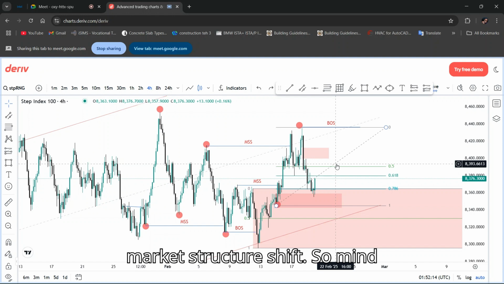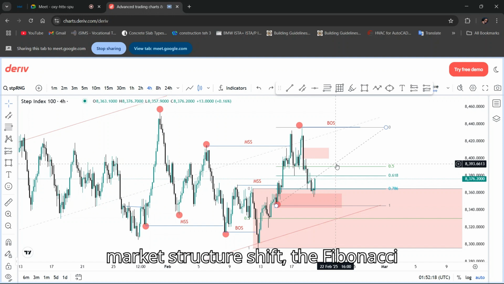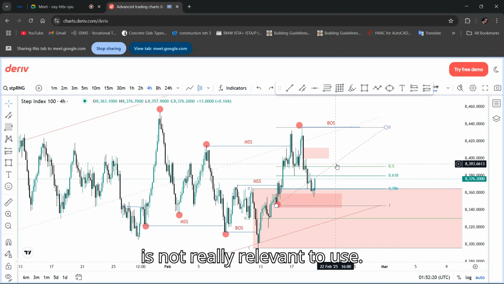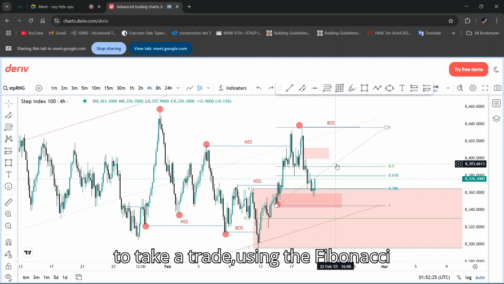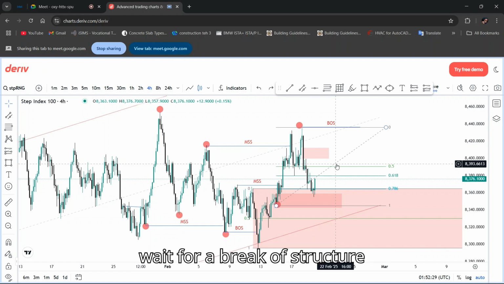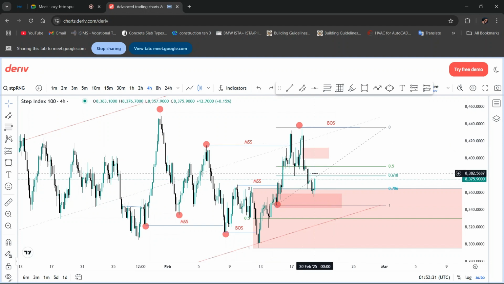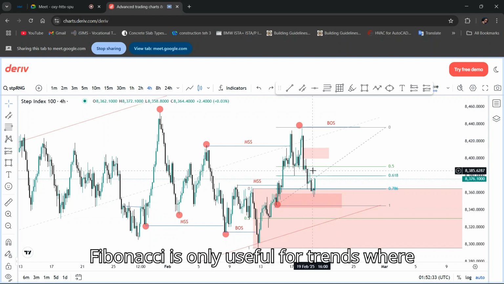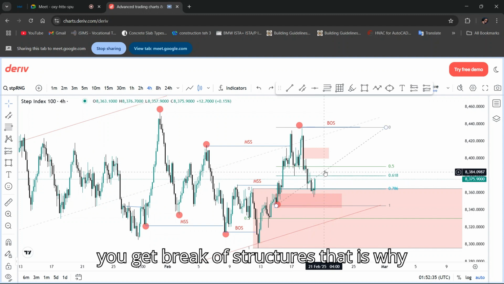So mind you, anytime you get a market structure shift, the Fibonacci is not really relevant to use. If you want to use something significant to take a trade using the Fibonacci, wait for a break of structure. Fibonacci is only useful for trends where you get break of structures.